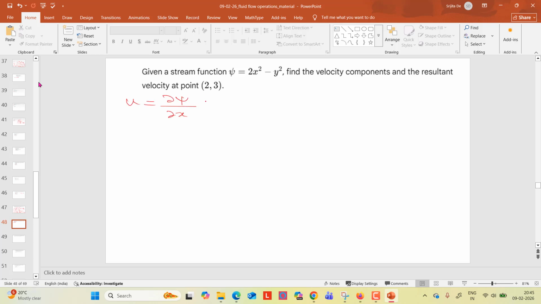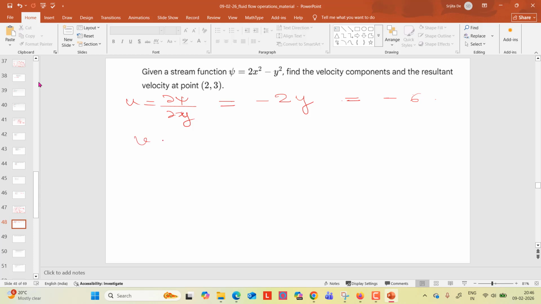So del psi del y means minus 2y, that is minus 2 into 3, that is minus 6.